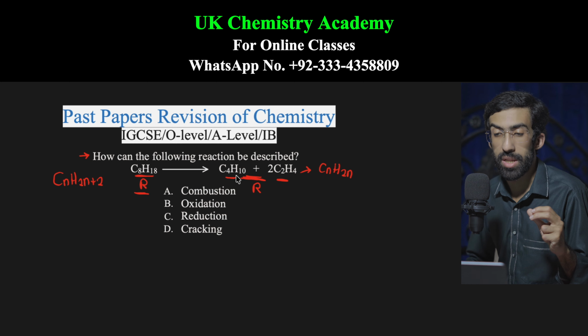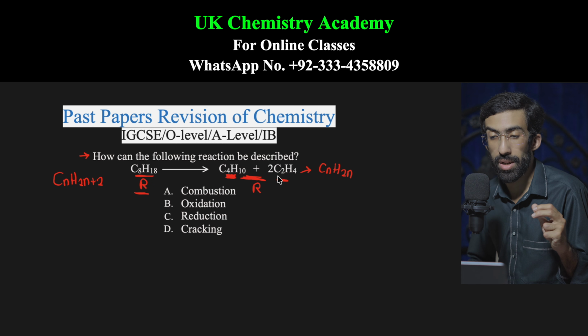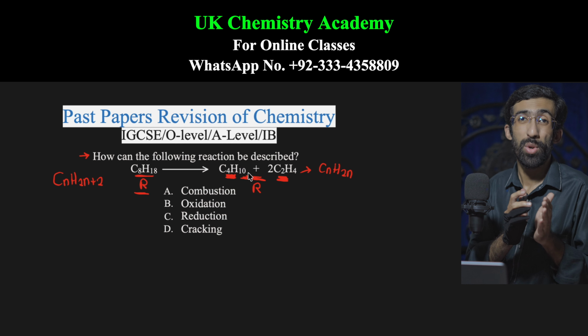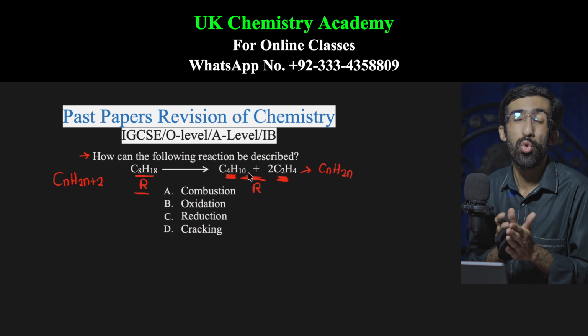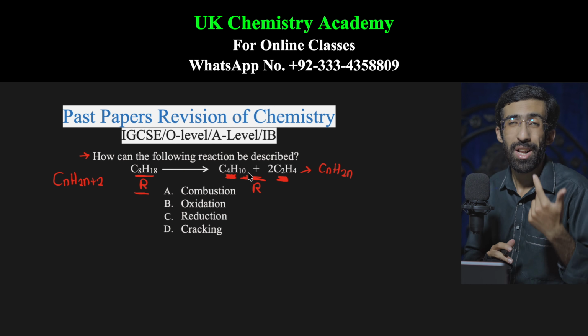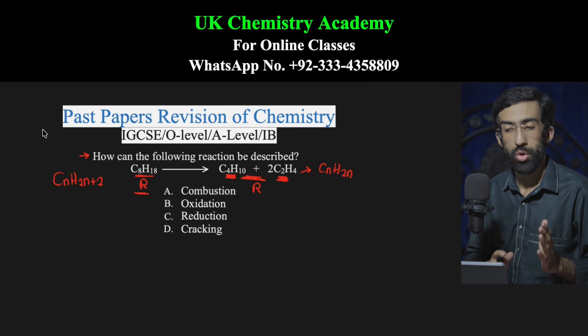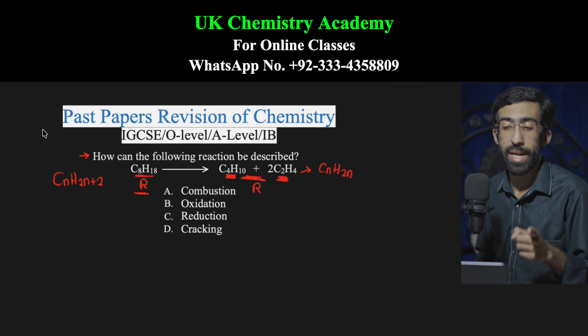The first one is an alkane, this one, that is butane, and the second one will be ethene, that is an alkene, which means that whenever you break down the alkane, it will produce one molecule of alkane and one molecule of alkene. You must remember that.